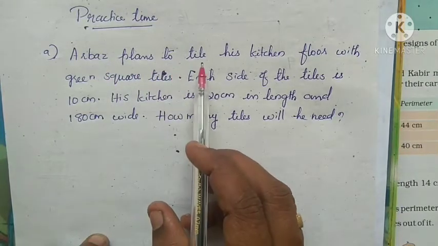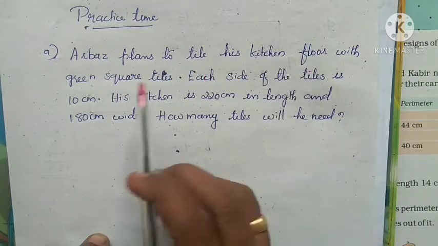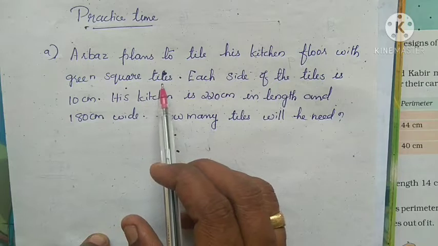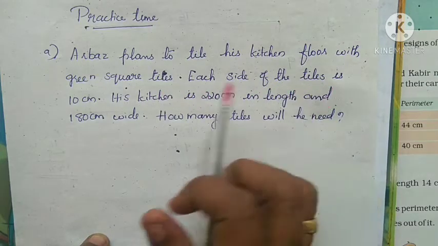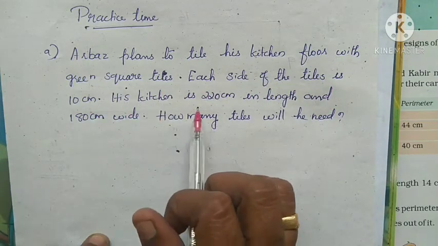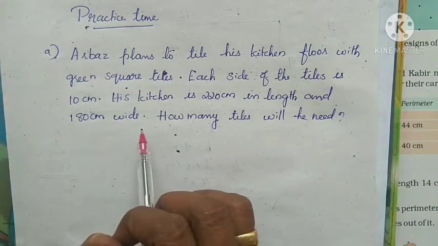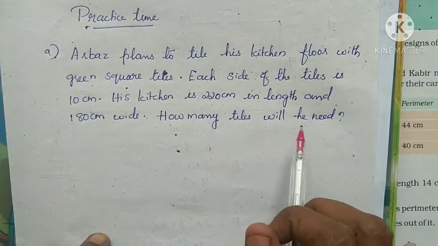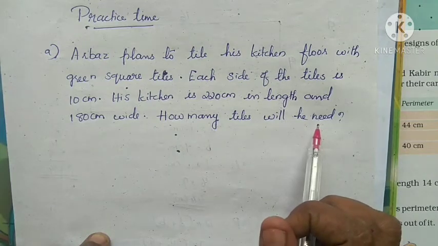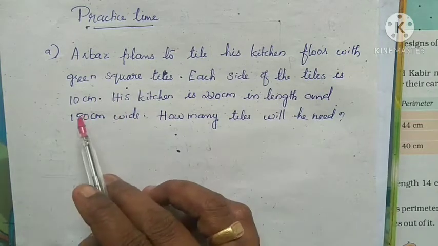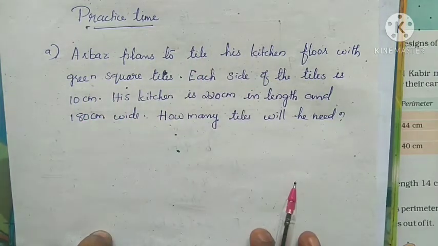Urbans plans to tile his kitchen floor with green square tiles. Each side of the tiles is 10 cm. His kitchen is 220 cm in length and 180 cm wide. How many tiles will he need? So we want to find out the number of green tiles needed for tiling that kitchen floor.